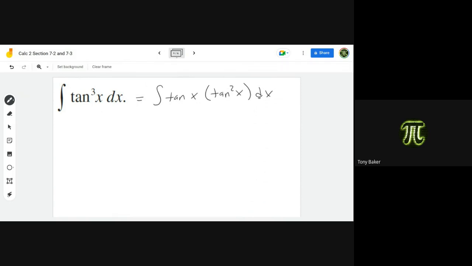And tangent squared x is secant squared x minus 1. So I have the integral of tangent of x secant squared x minus tangent of x dx.